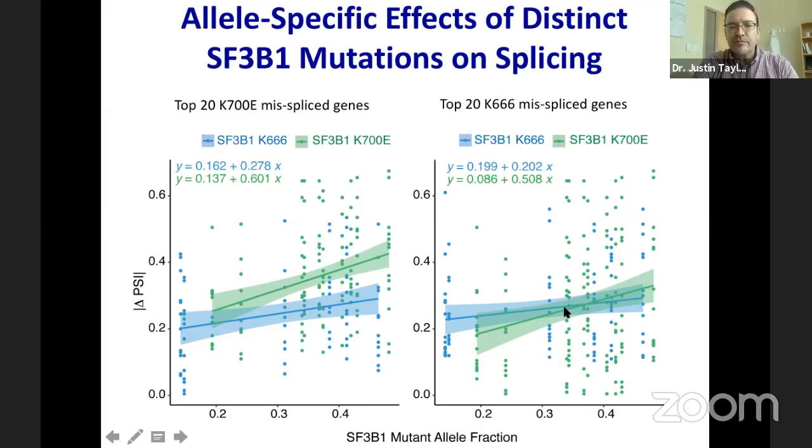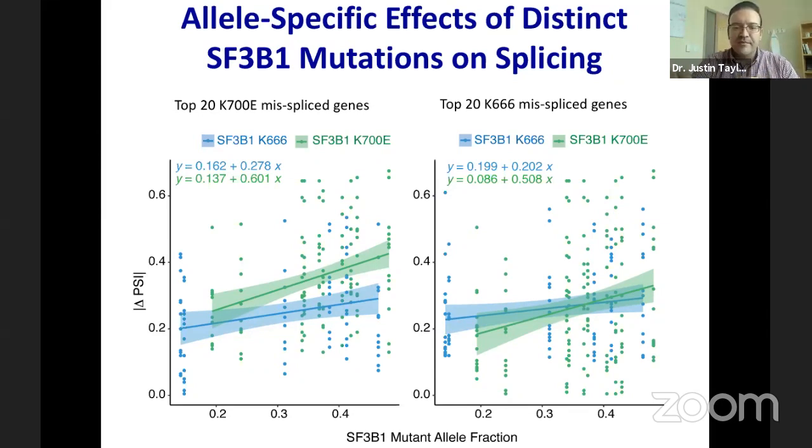So essentially, this is telling us the K666 has a weaker effect on splicing of the K700E target genes.